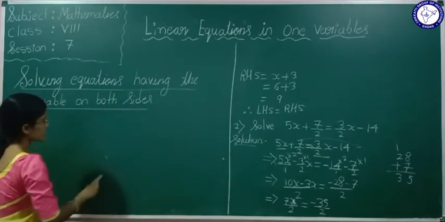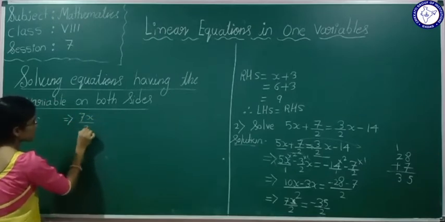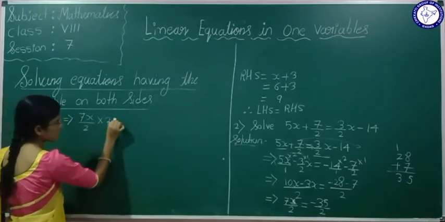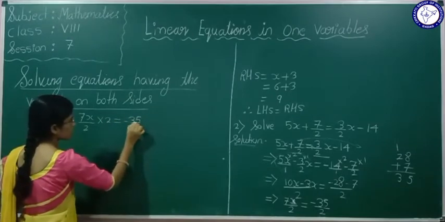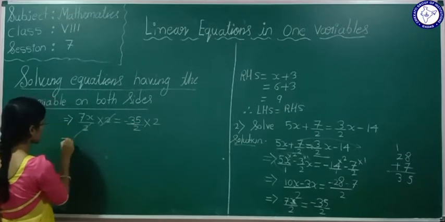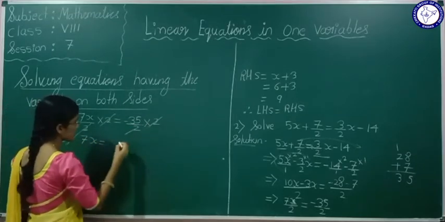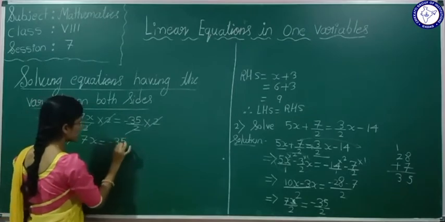So this implies 7x by 2 multiplied by 2 on both sides. 2 will get cancelled. This implies 7x is equal to, here 2 will get cancelled, it is minus 35.